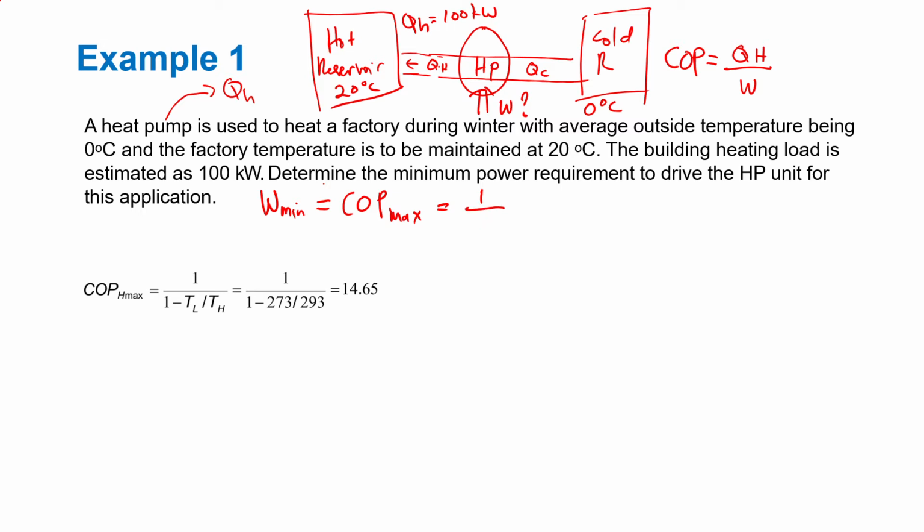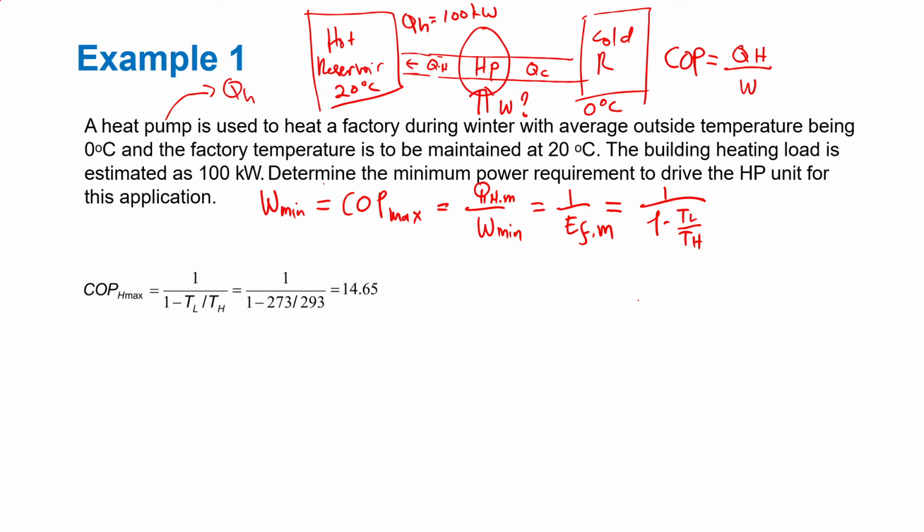Remember the COP is equal to QH over W, then the COP max is equal to QH divided by W minimum, and this is basically 1 over the efficiency of the Carnot engine. The efficiency of the Carnot engine is 1 minus TL divided by TH.